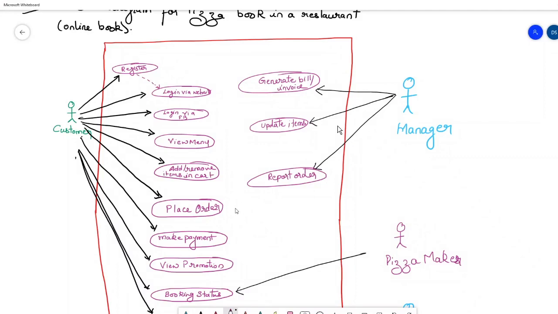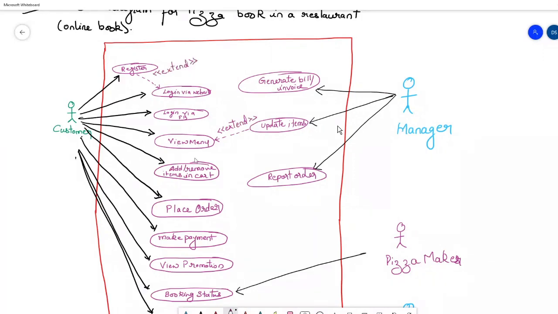So this would be the person who would be using this function inside this placing an order system. Now, as we are going through the menu, checking what all stuff is there, here we can have an extend relationship with update items, as with login extend registration.